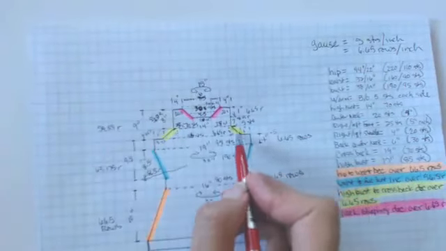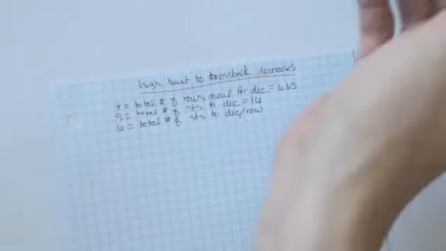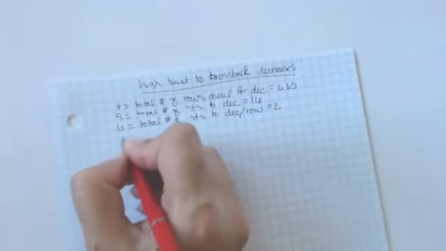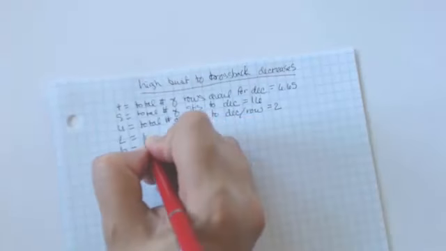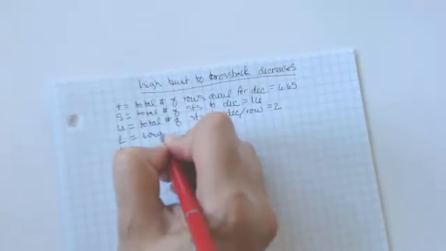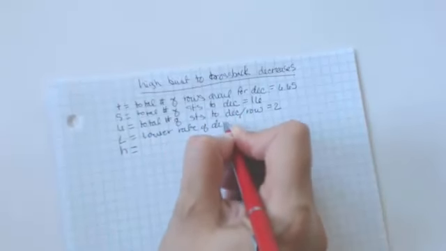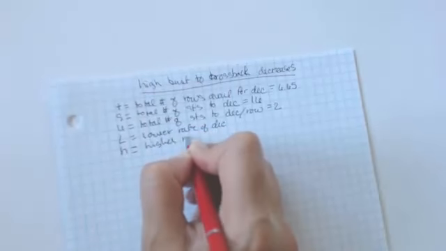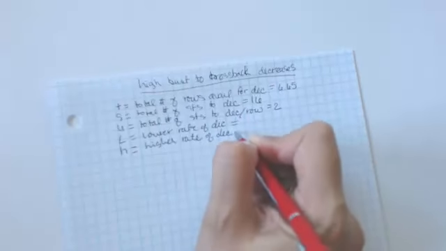All right, so what are we doing? We are decreasing here and here, 2. So we're going to decrease 2 stitches each time we decrease. So U equals 2. L, we don't know yet. H, we also don't know yet. L is our lower rate we'll decrease, and H is our higher rate. We don't know those numbers yet.